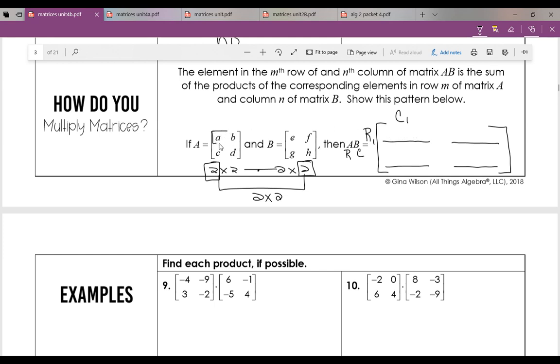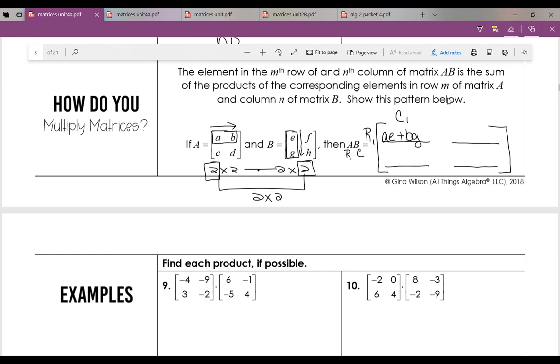So I'm going to use row 1 and pair it with column 1. I multiply the first numbers together, so A times E, then I add B times G. So go across the row, down the column. Notice there are 2 numbers in that row, 2 numbers in that column. Pair the first ones, pair the second ones, add those together.